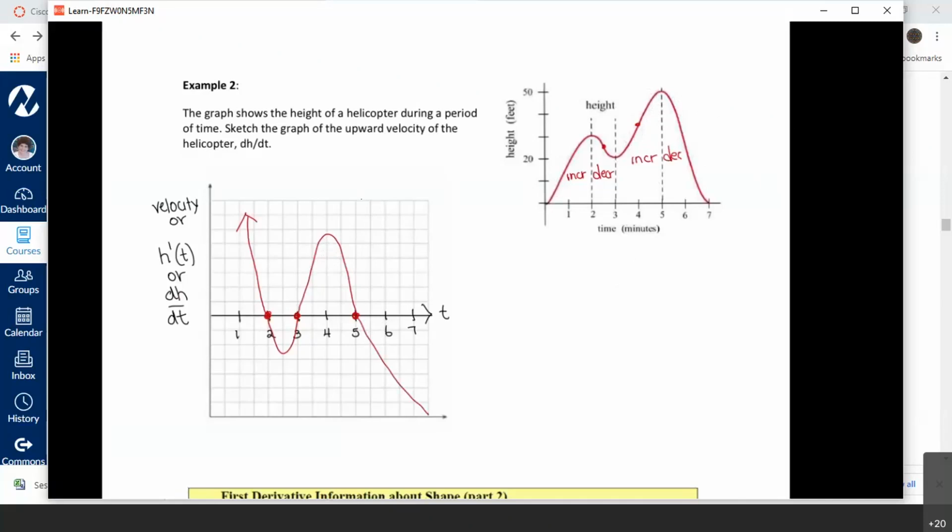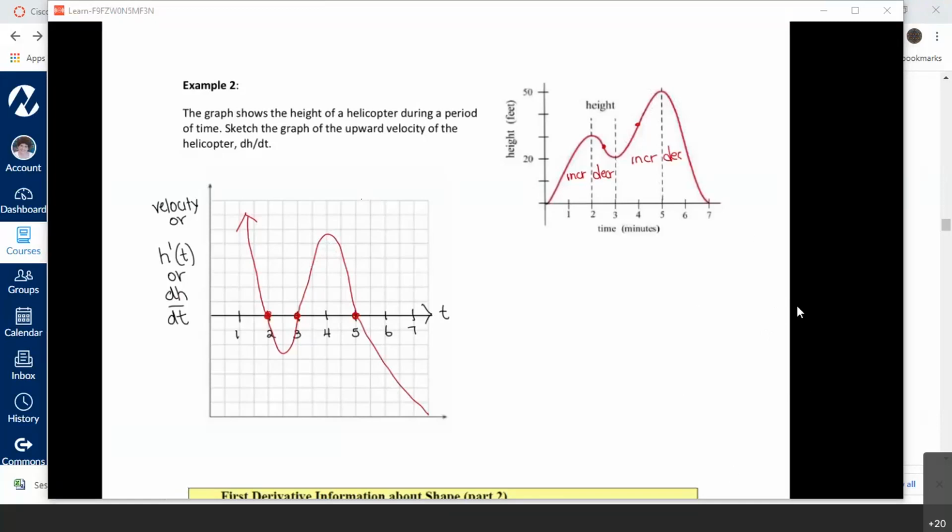So does everybody understand how I did that? Understand how I sketched that curve? Anybody got questions about what I did?